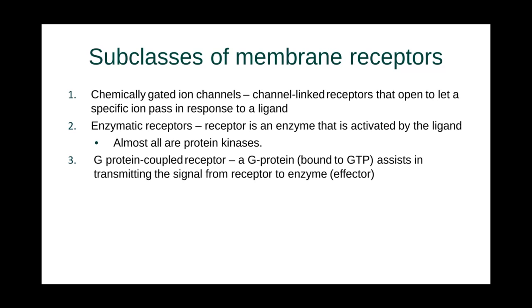Then finally, we have our G proteins, which are probably the most important of all these proteins. It's what we call G protein coupled receptors. And these have a G protein, which is bound to GTP. Now, you might recognize GTP being related to ATP, and you would be right about that. It's not adenosine triphosphate, it's guanine triphosphate.